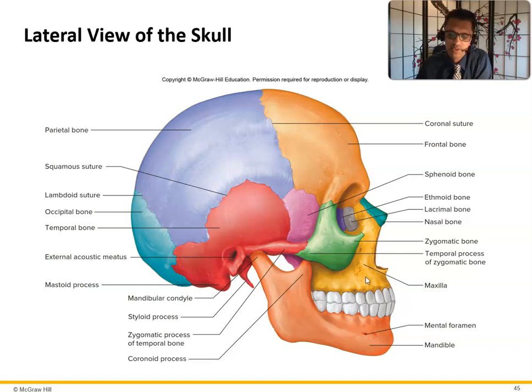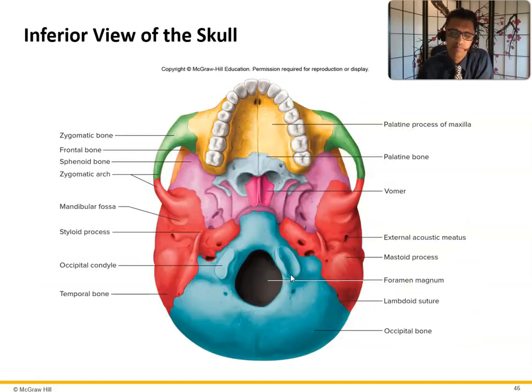Here's the maxilla, which is the yellow. Here's the mandible. Again, here's the zygomatic bone with the temporal process, and then you have a temporal bone with the zygomatic process. All right, so that's kind of tricky, but you want to know that, hey, temporal bones have a zygomatic process, and a zygomatic bone has a temporal process.